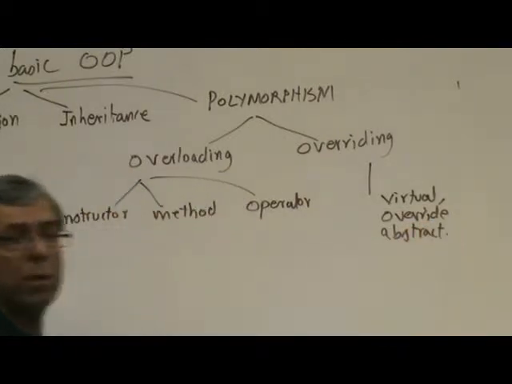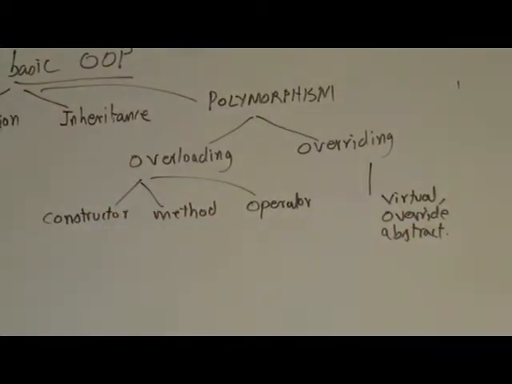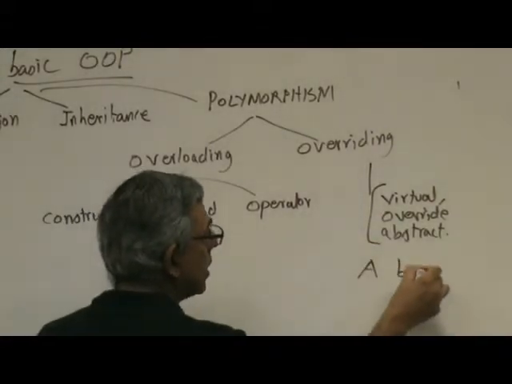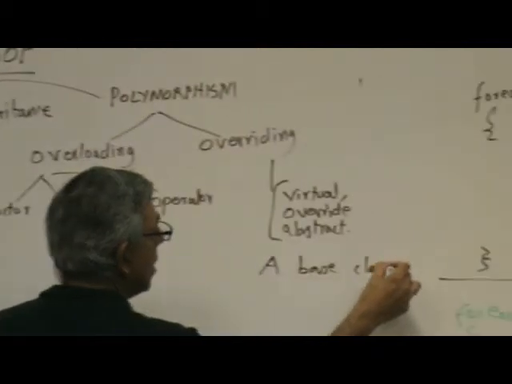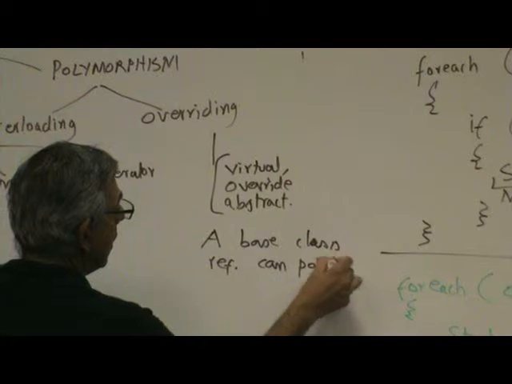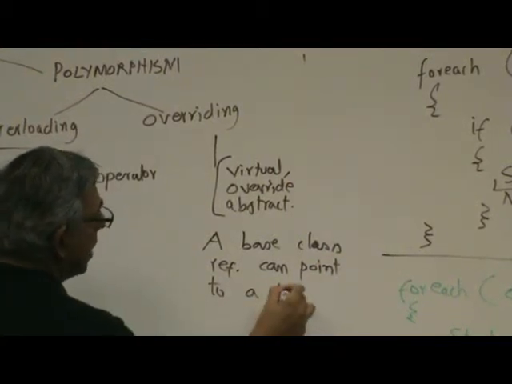And the other concept in overriding, especially from a true polymorphism point of view, was that a base class reference can point to a derived class object.